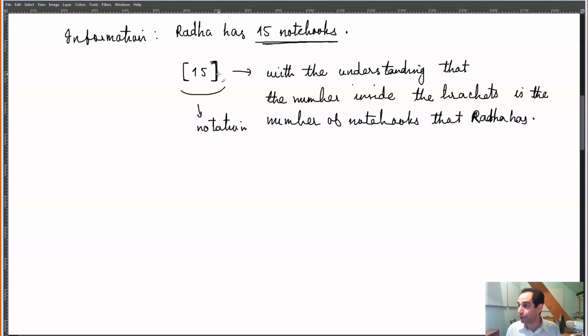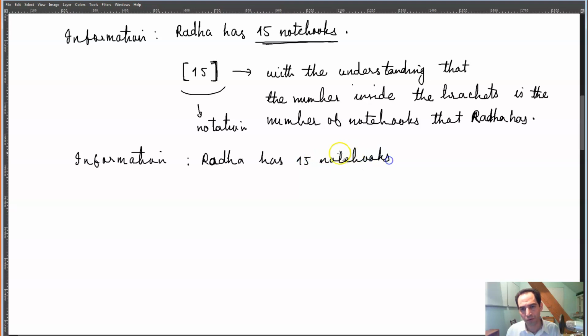Now, if we have to express that Radha has 15 notebooks and 6 pens, suppose that the information is: Radha has 15 notebooks and 6 pens.